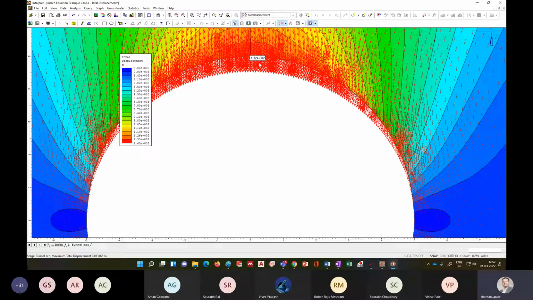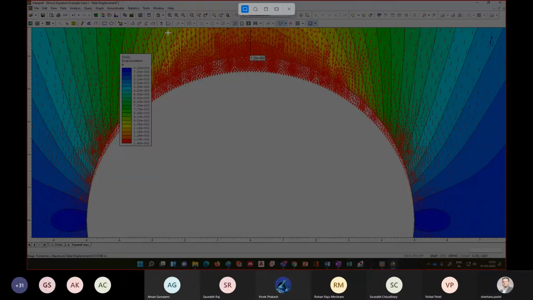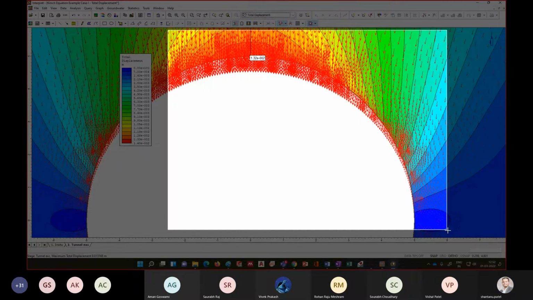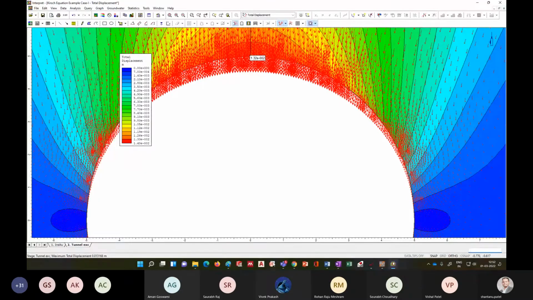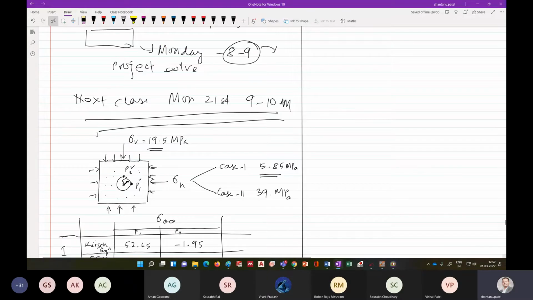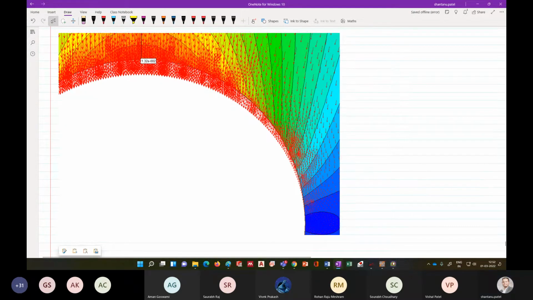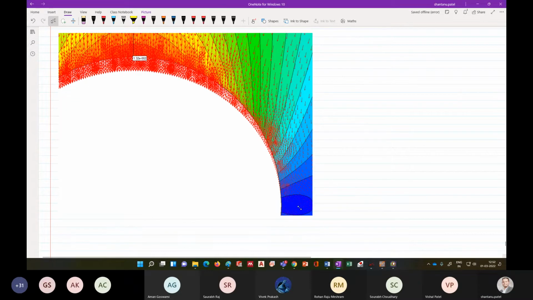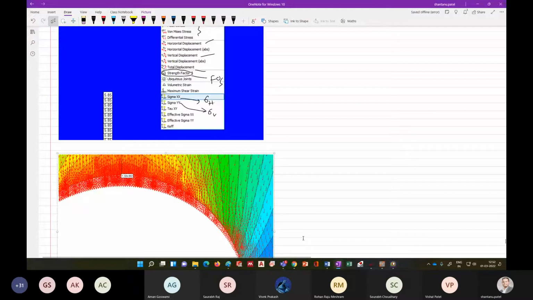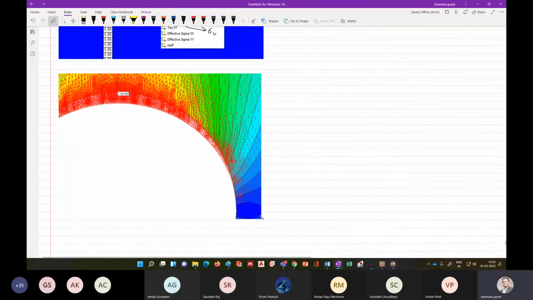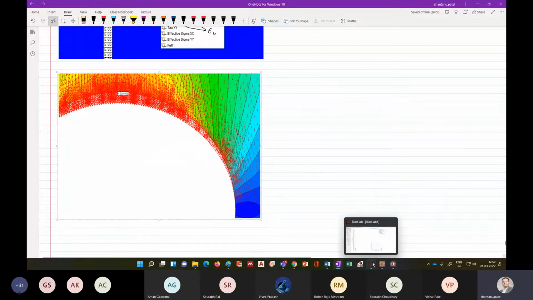Let's take a screenshot of this and put it here. So the displacement, which is the vertical displacement, is 1.32 into 10 to the power minus 2.